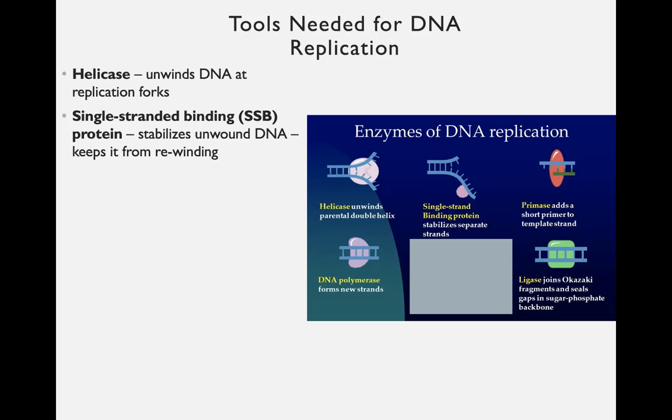When that DNA gets unzipped, it's fairly unstable and wants to rewind right away. It wants to come back together. So single-stranded binding protein, or SSB protein, basically stabilizes the unwound DNA and keeps it from rewinding up. So helicase unwinds, the SSB protein keeps those two strands separated.